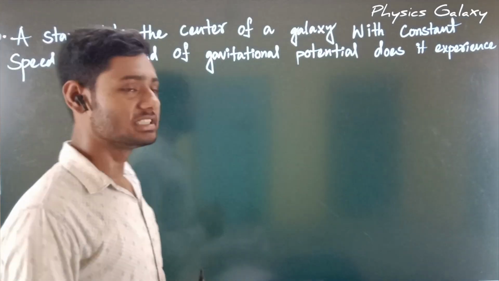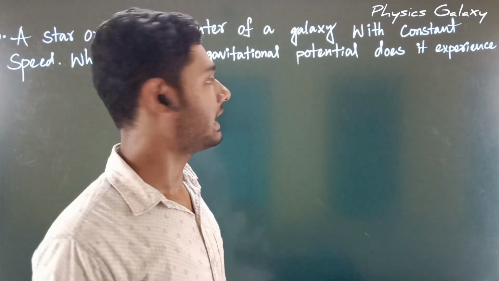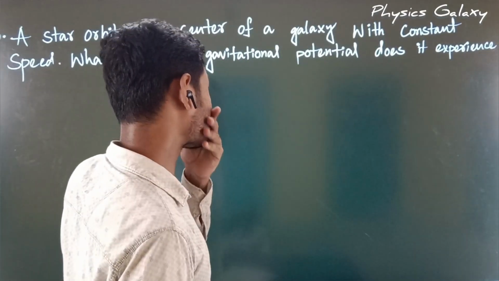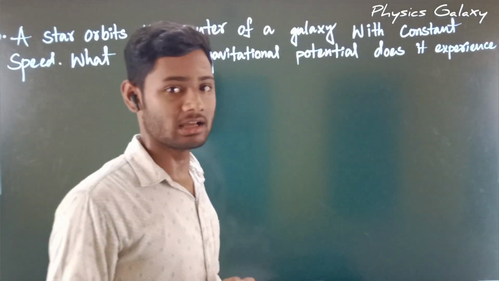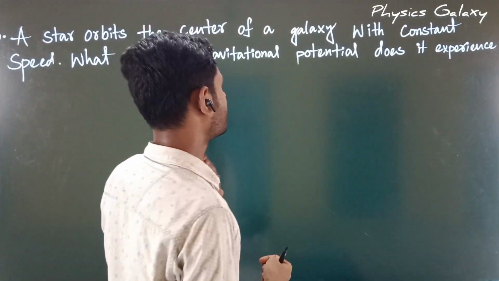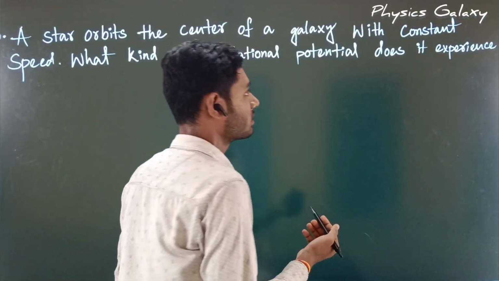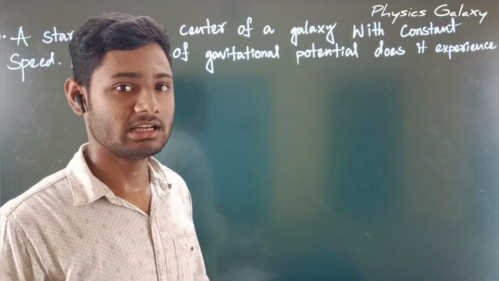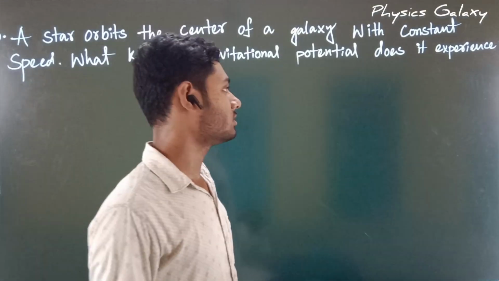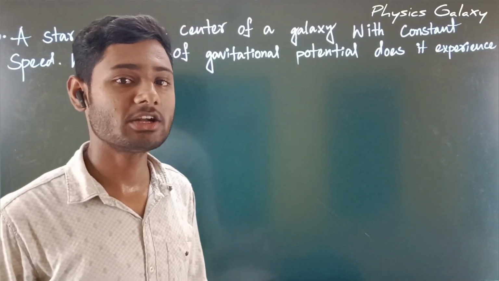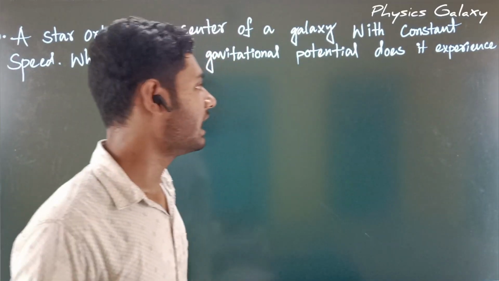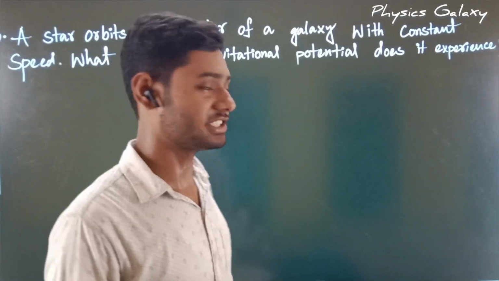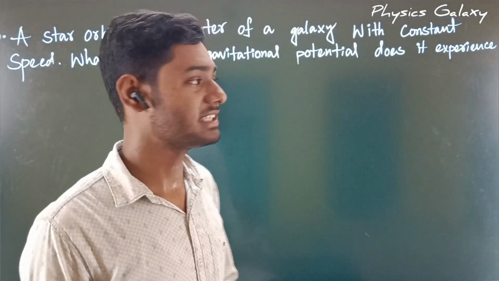So this is actually a question from astrophysics, where the professors told me that in a galaxy, stars are distributed over the galaxy up to some radius r, so some kind of distribution is there, and after that particular distance this mass distribution decreases.